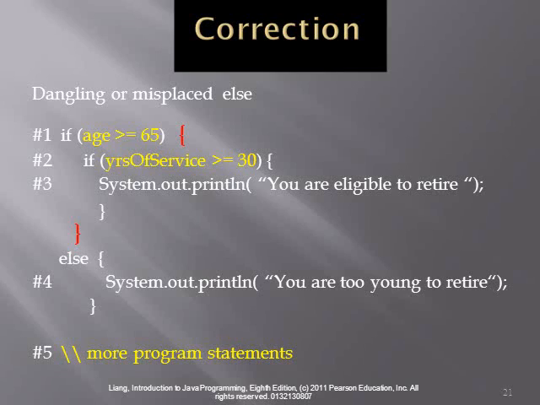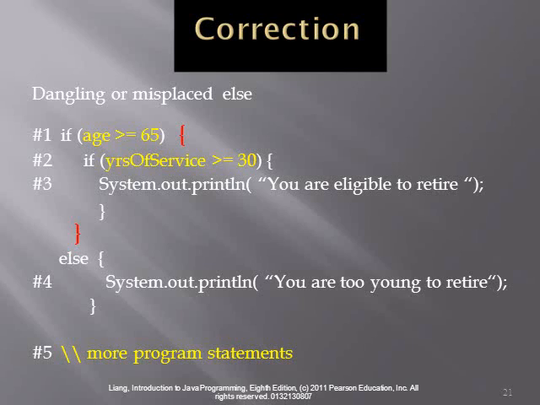Well, by adding the code block braces in red to encapsulate lines 2 and 3, I have now correctly paired the else statement with line 1. But wait, didn't I say that the else statement should be paired with the first if? Well, yes, I did, but if we read from the bottom to the top, I have a red block brace that terminates that if completely, and so it won't be looking for an else statement.